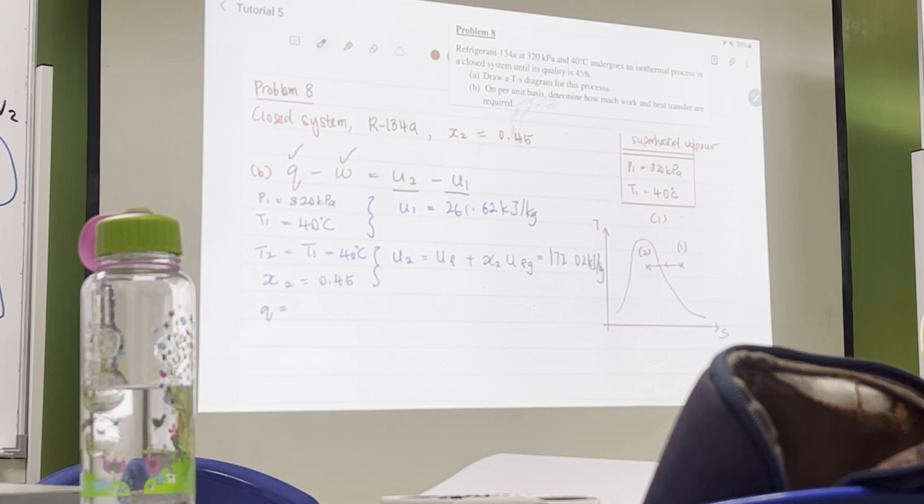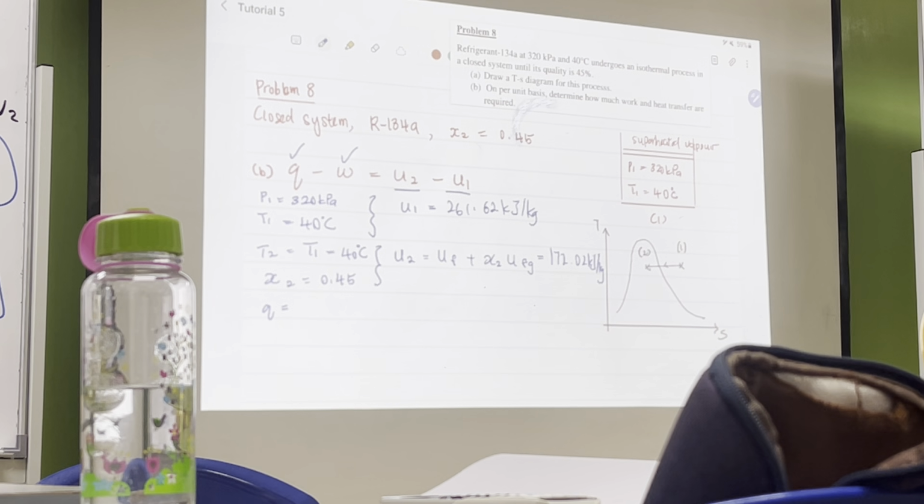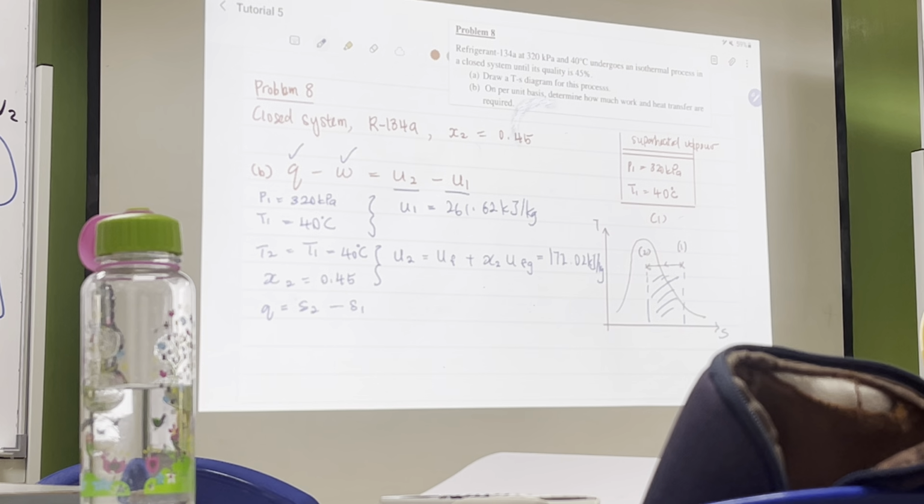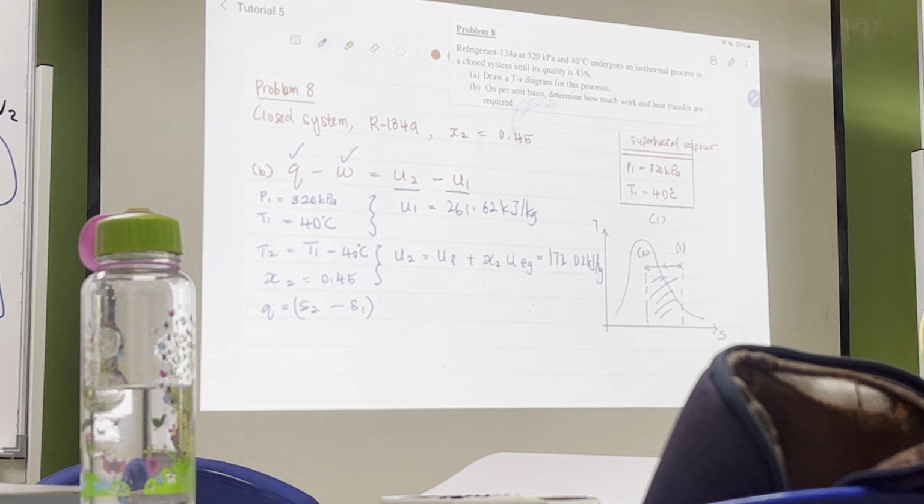And since this is an isothermal process, actually it doesn't matter, but here the area under the graph will be the Q. So again, we still pretend that we don't know which direction this Q is going first. So this should be S2 minus S1, multiplied by T, 1 or 2, doesn't matter, T naught.